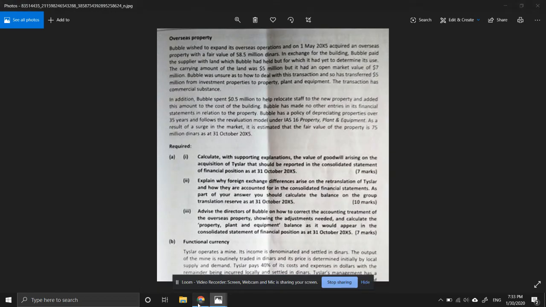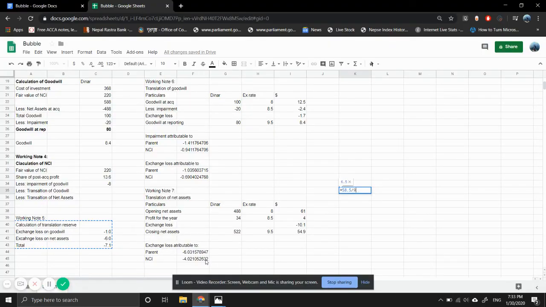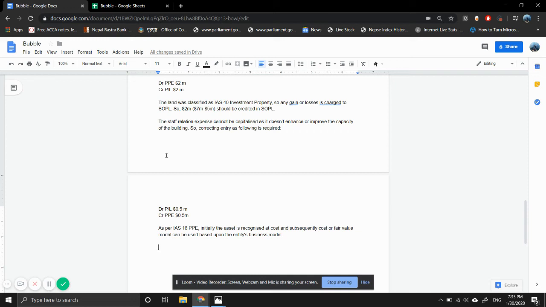Divide by 9, 6.5. Building cost is $6.5 million.